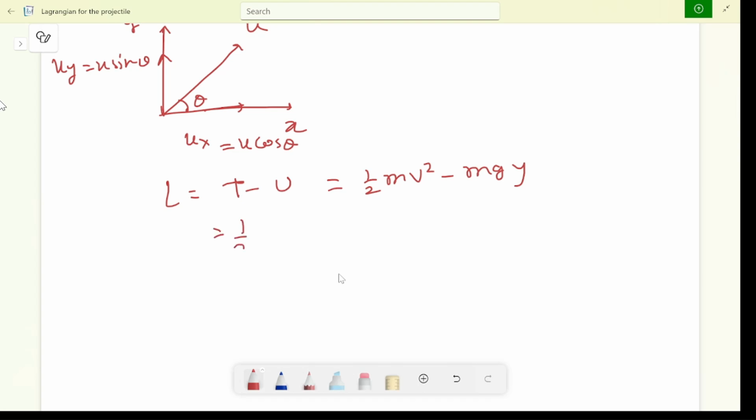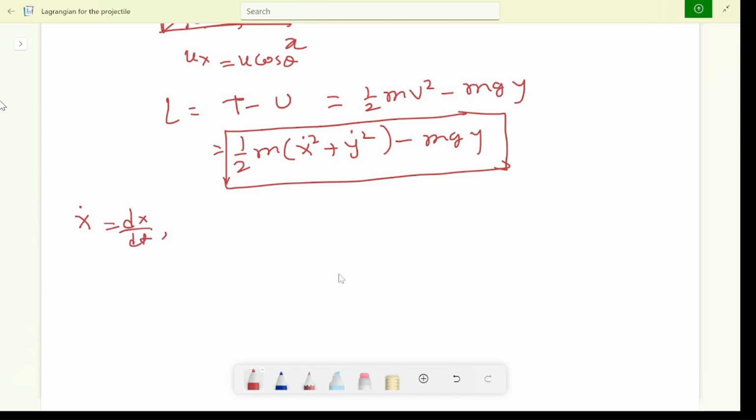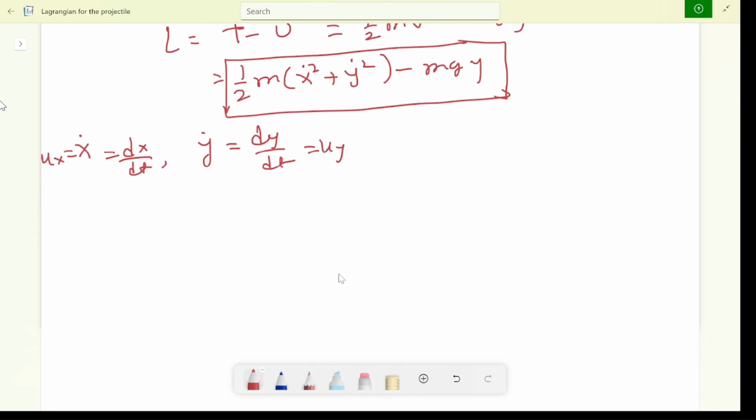So we're going to have half m (x dot squared plus y dot squared) minus mgy, where first let me just box this out, where it should be mentioned that x dot is dx by dt and y dot is dy by dt. This is just ux and this is uy. So we have the Lagrangian.